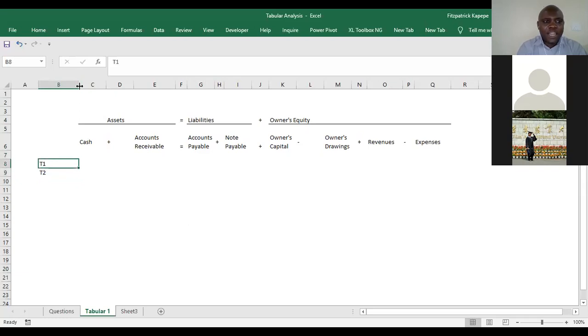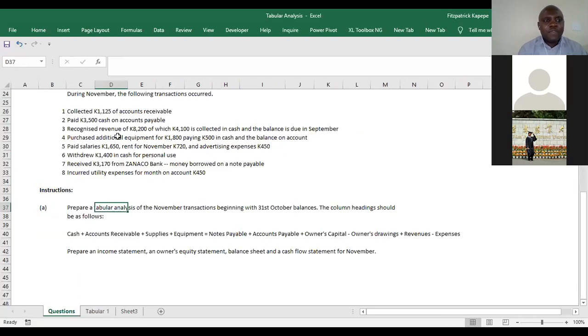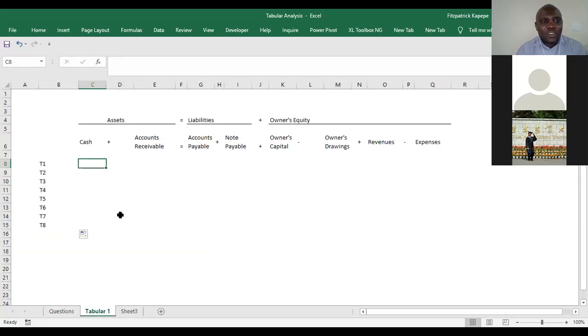I guess they're going up to 8. So the first one, and we'll do it quickly, collected 1,125 of accounts receivable. So there's cash that was collected, cash of 1,125.